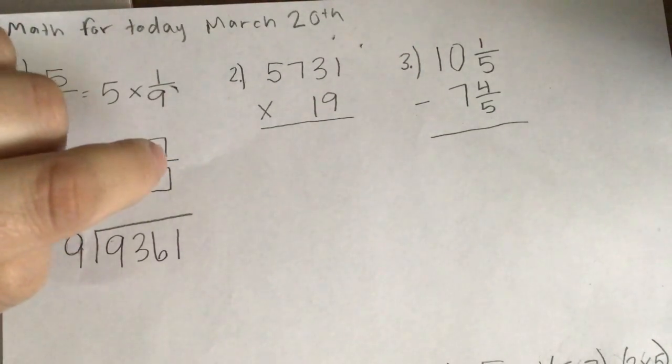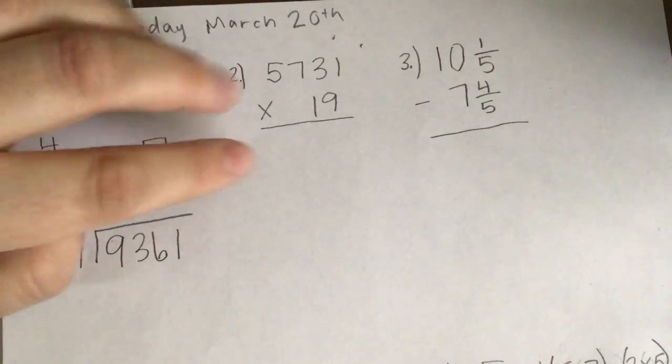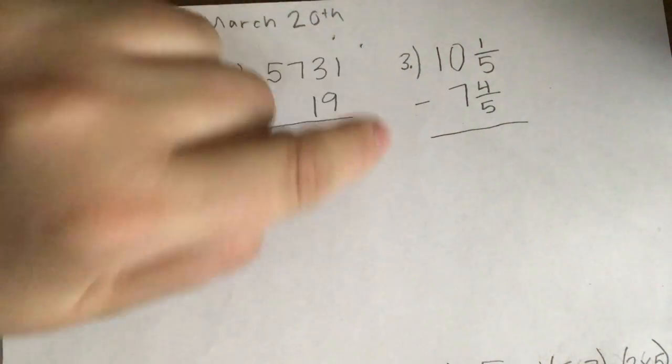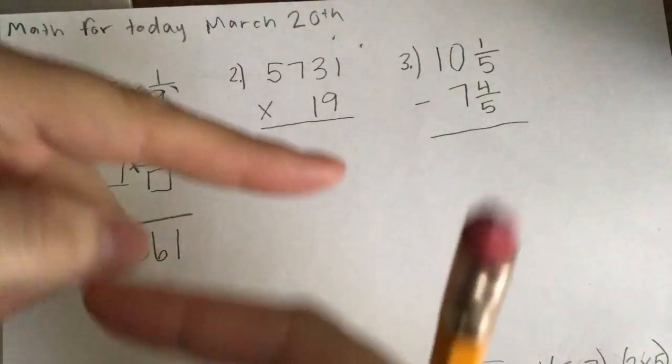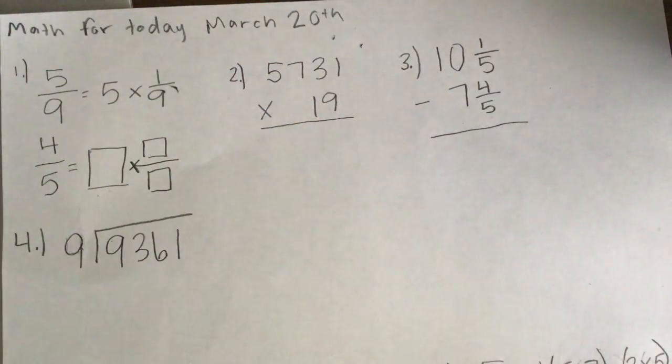Number 2: 5,731 times 19. Number 3: 10 1/5 minus 7 4/5. And number 4 is a long division: 9,361 divided by 9. Okay, so if you are going to do it with me, pause the video and come back in just a little bit.